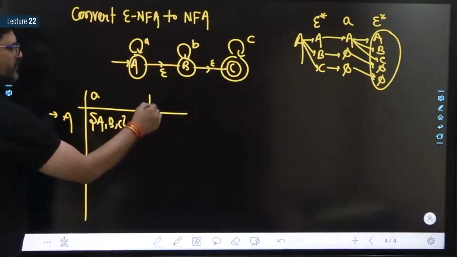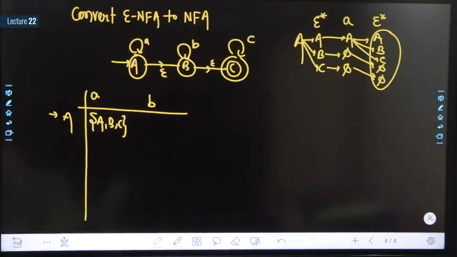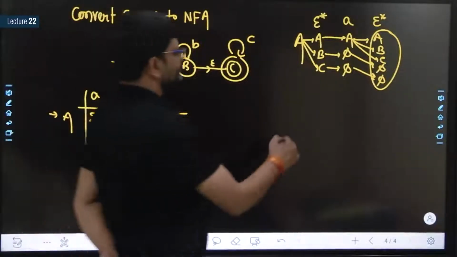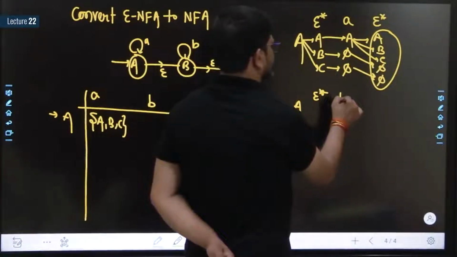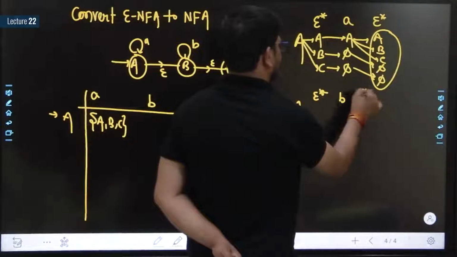Now on B, find out the B. Do fast. A epsilon closure, B epsilon closure.